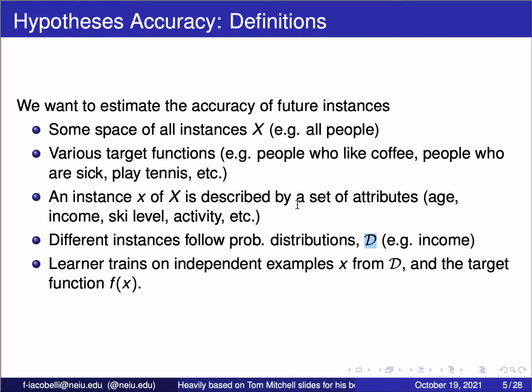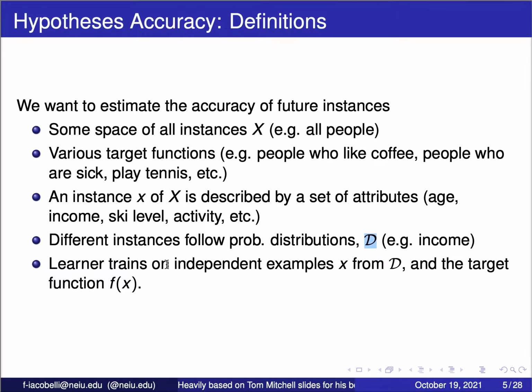All those things start to form a probability distribution, okay? For example, income has a probability distribution. There are very few high income earners and a ton of low income earners. So what is the probability that you are a high income earner, right? That follows a probability distribution in the real world, okay?